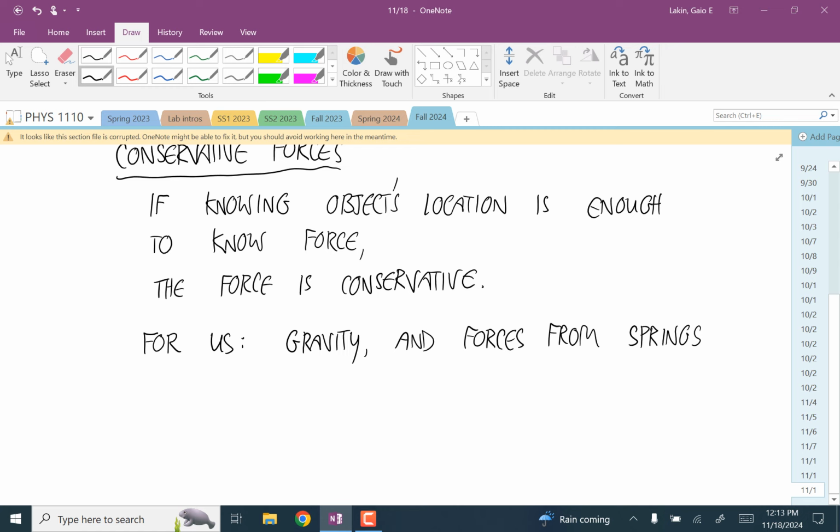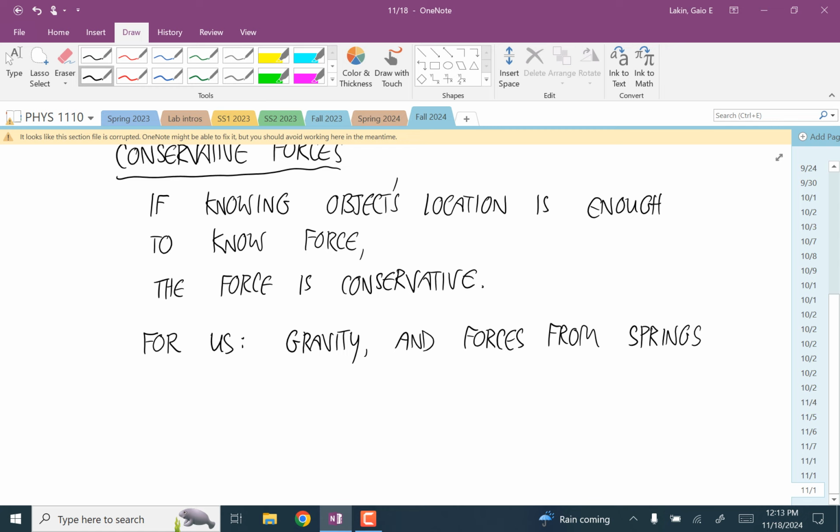But look, now it's in the same location as I push down on it, and I'm making that normal force go up as I do this. So the fact that it's in that location is not enough to know what that force is. Okay, so the normal force is not conservative.